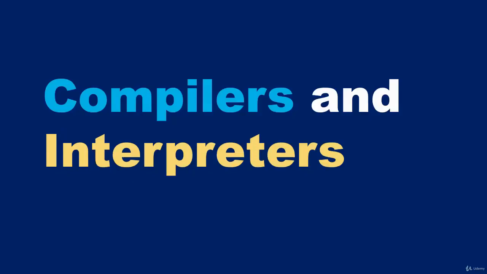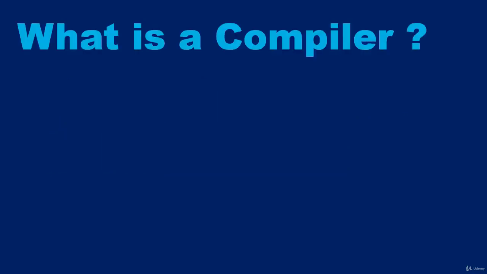In this video, I'm going to introduce you to compilers and interpreters. What is a compiler? A compiler is used to translate the entire source code into machine language before the code is executed.